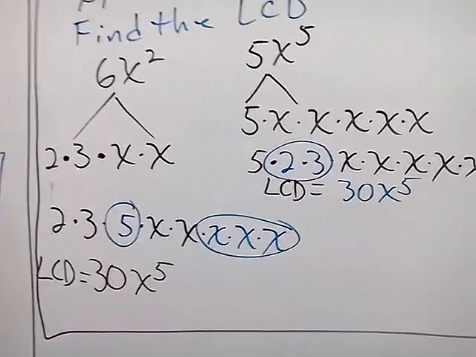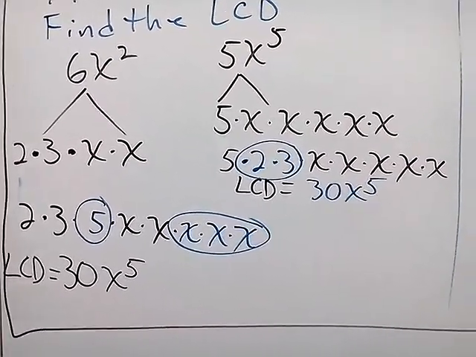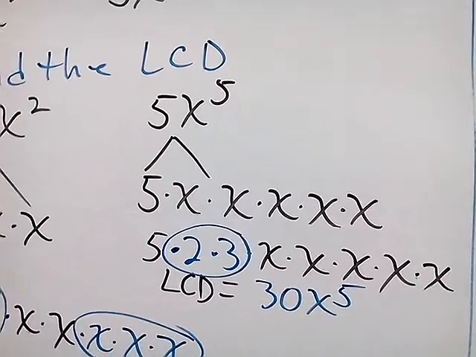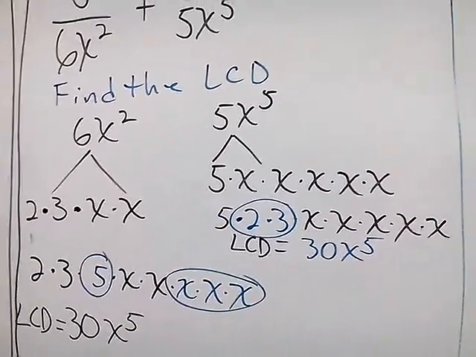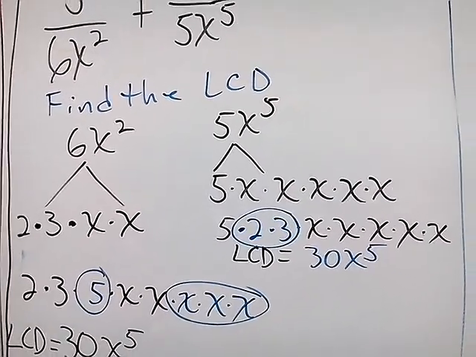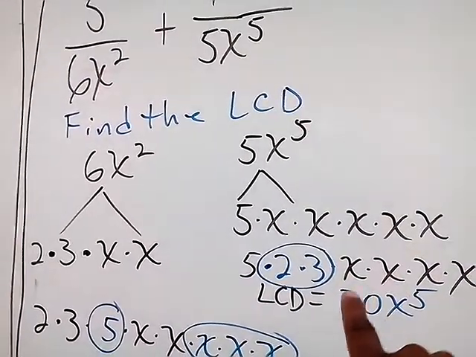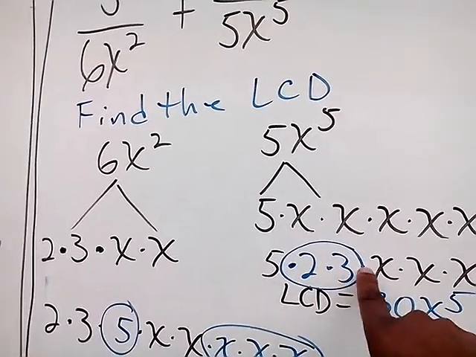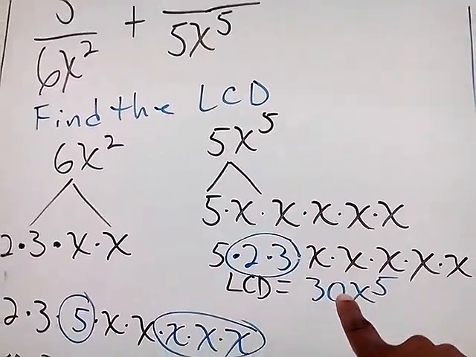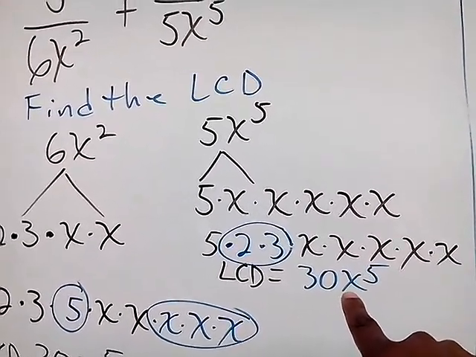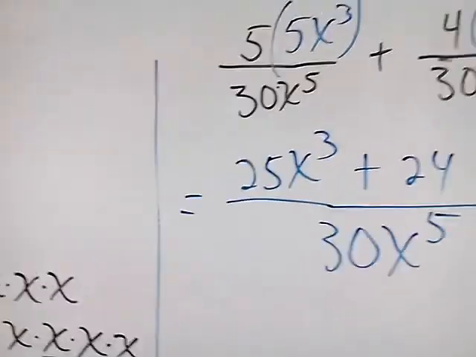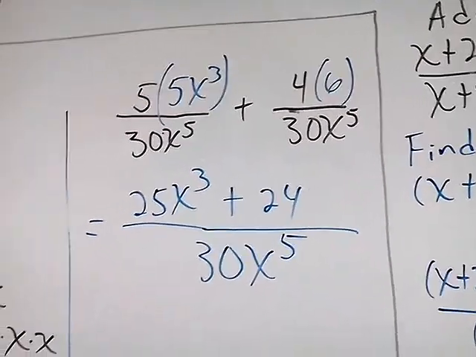Now it's a matter of changing the numerators of both. Again, looking at the denominator 5x to the fifth power and looking at what we don't have in our prime factors is the 2 times 3, which is over from here. So again, we multiply that to this side to get our 30x to the fifth power. Now again, back to our numerators.